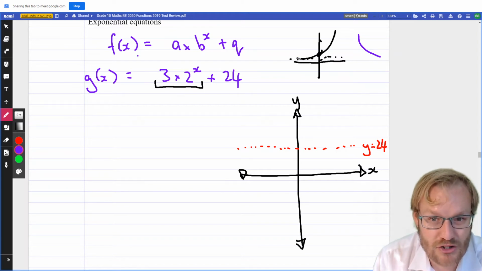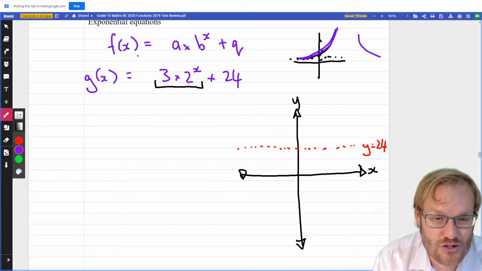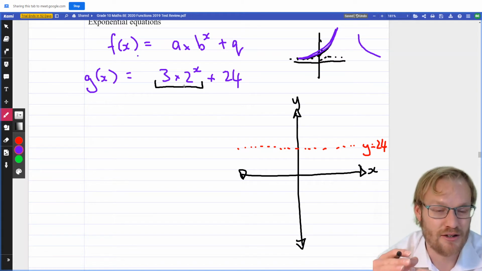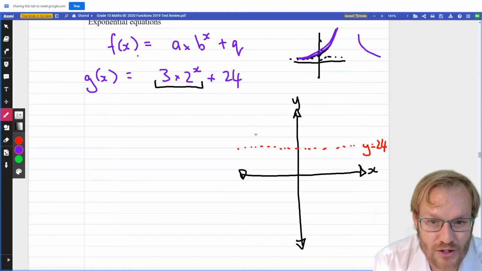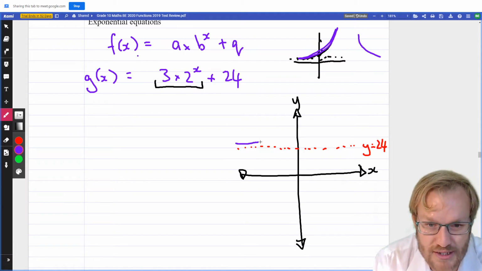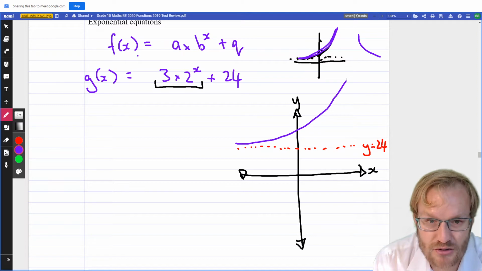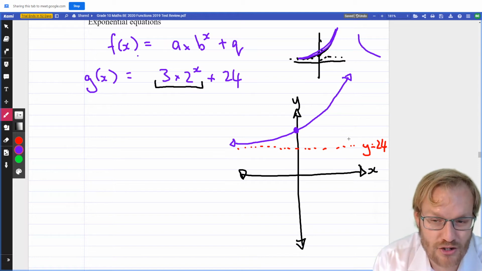We know it's going to have this shape going up because this 2 is a number bigger than 1. It's not a fraction. I don't know exactly what the y-intercept is yet, but we do know that the asymptote is 24, because everything's gone up by 24.